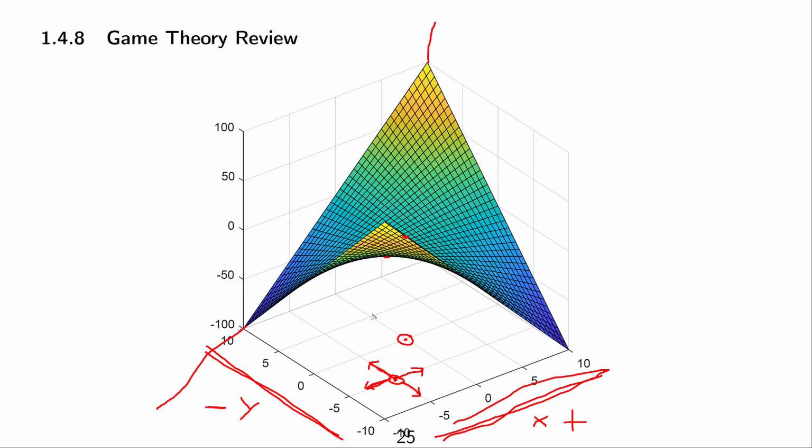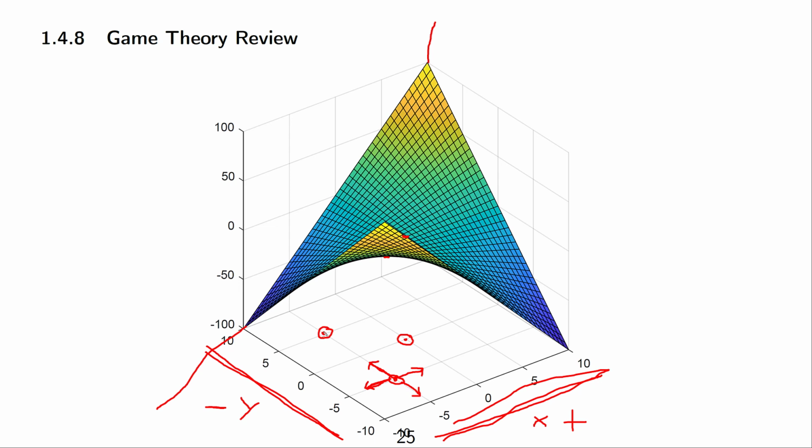Let's just look at one more point. Maybe let's look at this point here. That is X is -5 and Y is 5. Here the score is negative, so -5 times 5 is -25, and so the X player as well as the Y player have a preferred direction where they can move such that the score for them improves.